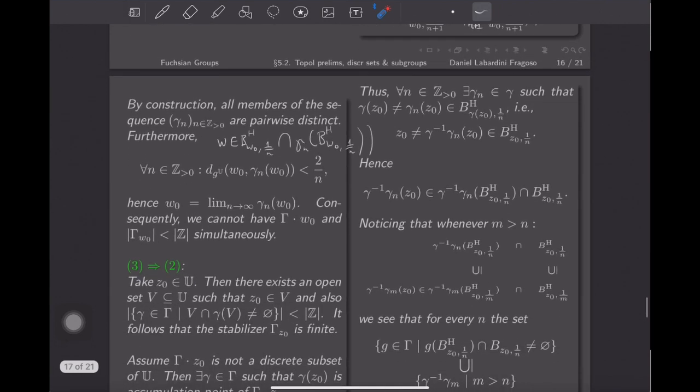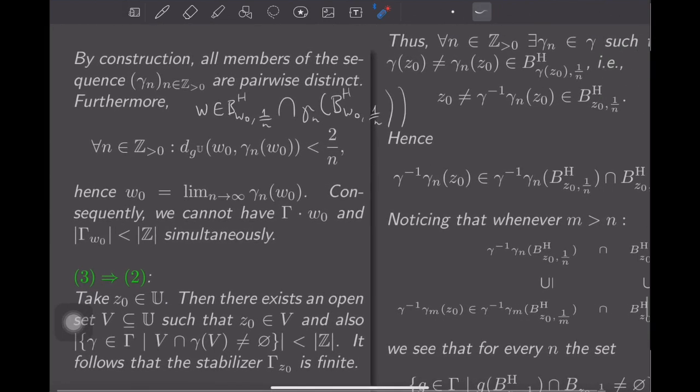And so we cannot have this orbit closed discrete and the stabilizer finite at the same time, right?